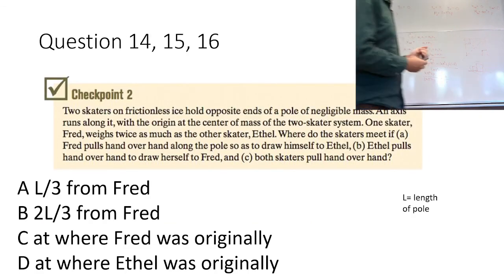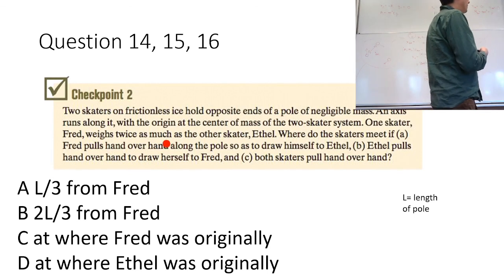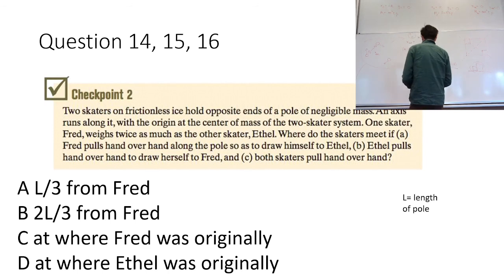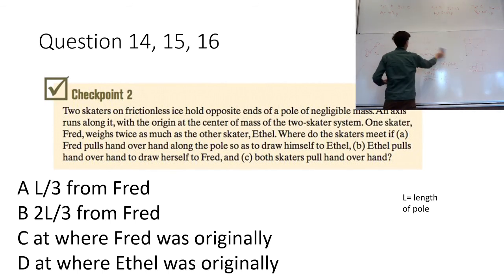All right, so maybe we'll just do this one and finish up. Two skaters on frictionless ice hold opposite ends of a pole of negligible mass. Maybe I'll draw this picture.